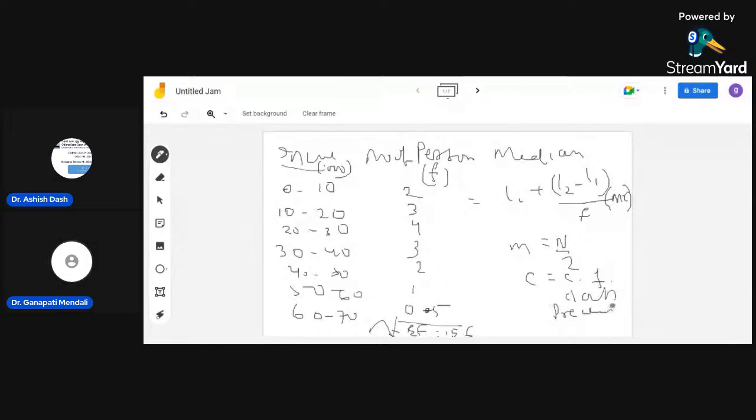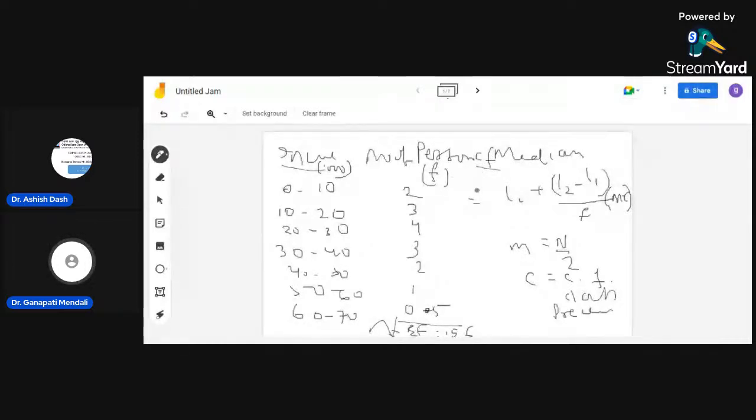So here we have to calculate another column, the cumulative frequency. Frequency is given; we have to calculate the cumulative frequency. From income 0 to 10, the cumulative frequency is 2.